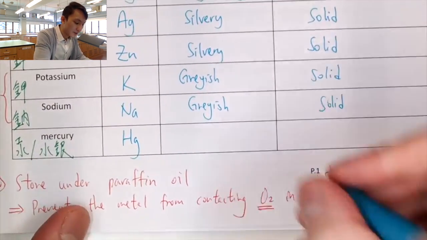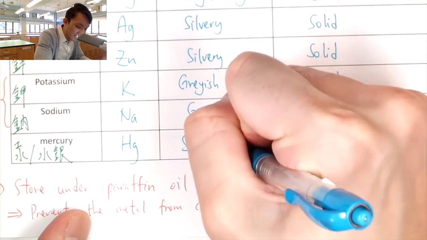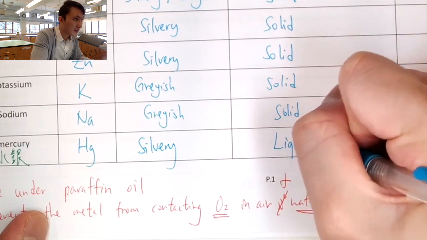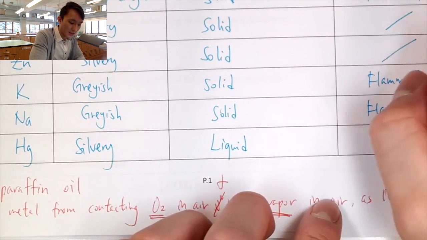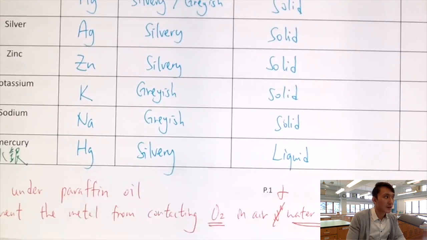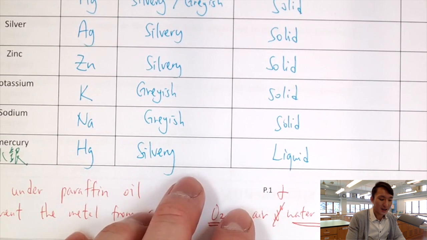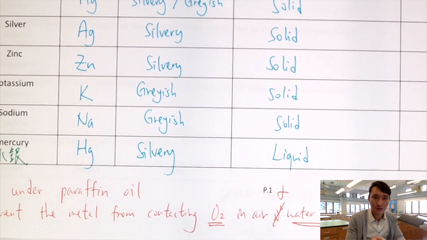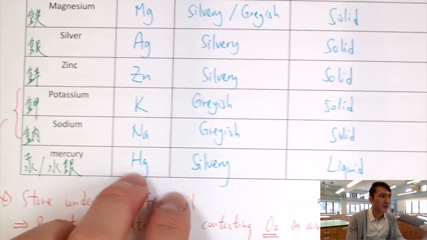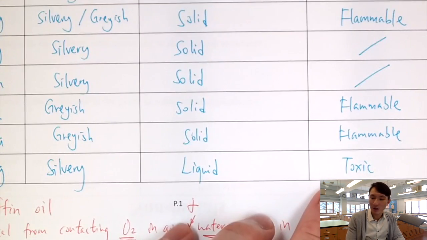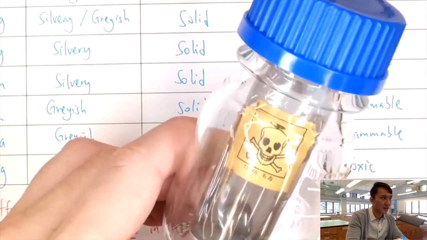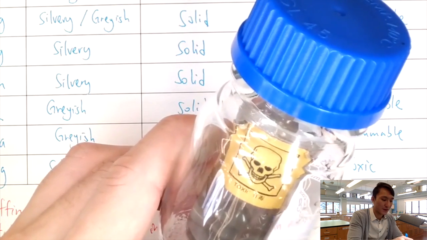So mercury here, it is having a silvery appearance, and it is a liquid actually, and it is toxic. Now, mercury here, this is the only metal that exists as a liquid at room temperature and pressure. And you know, mercury is very toxic, so that's why it is stored in a couple of containers, and we also put it under water.